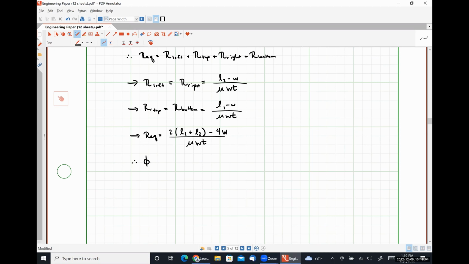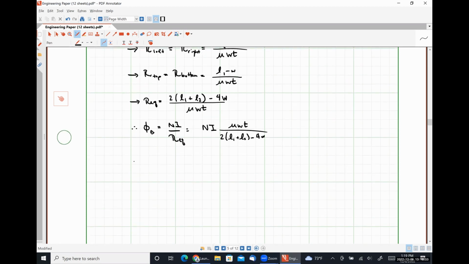And from this, our flux, again, Ni over the equivalent reluctance, becomes Ni mu WT divided by twice L1 plus L2 minus 4W.